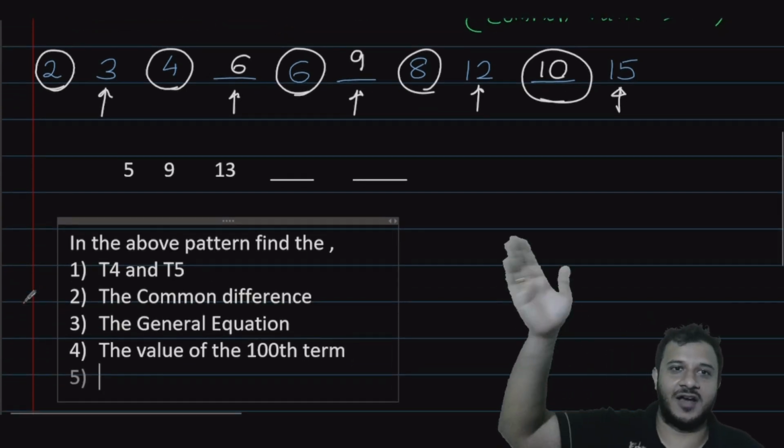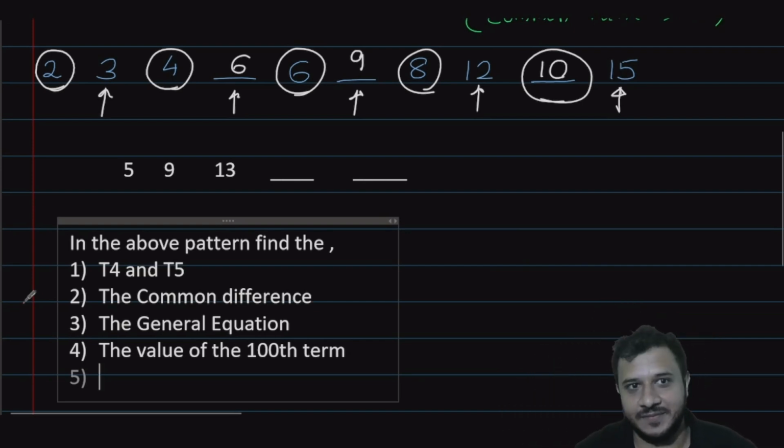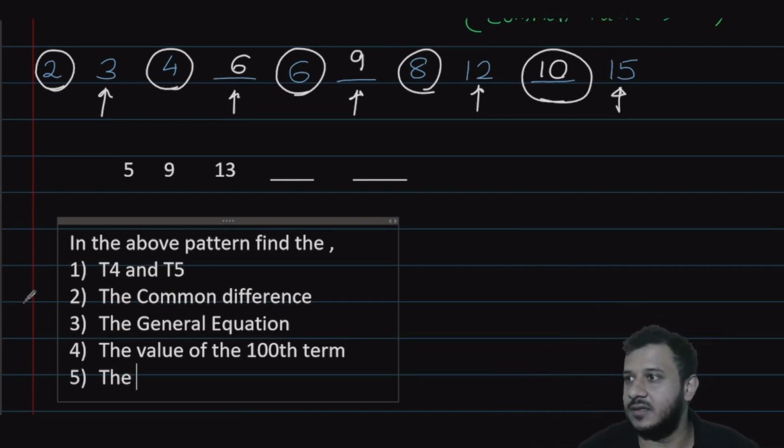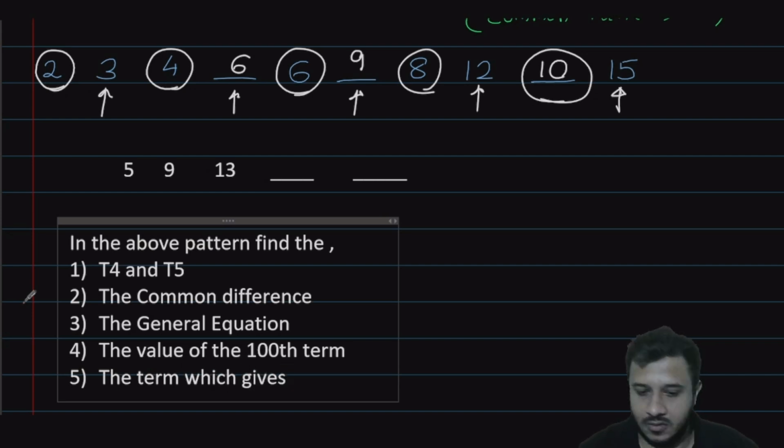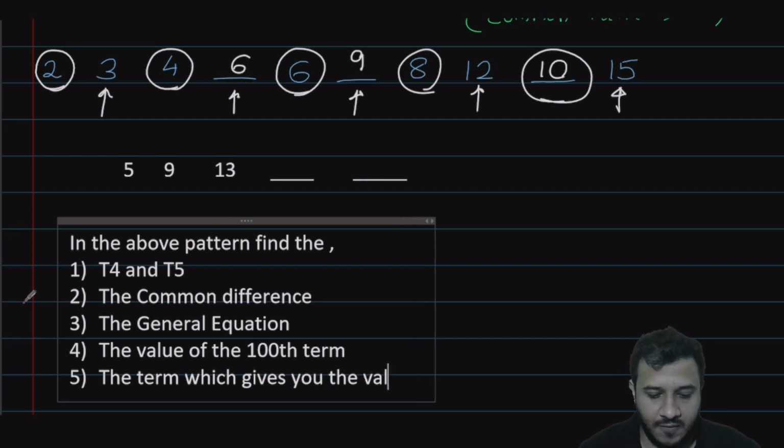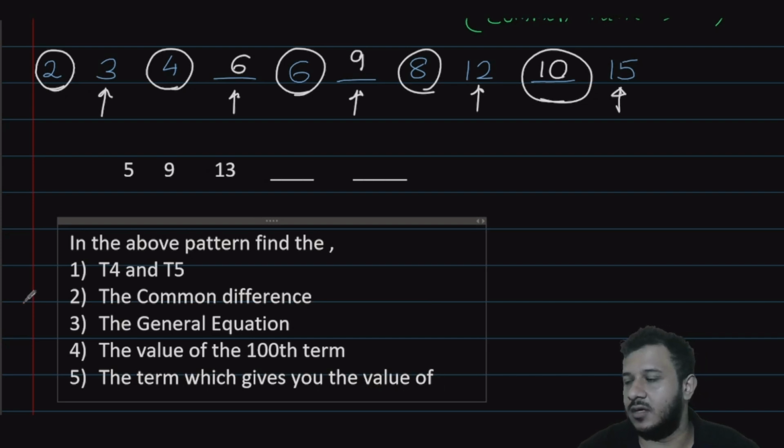That means if you go for 100 numbers, what is that number? And the last one is the term which gives you the value of 89.